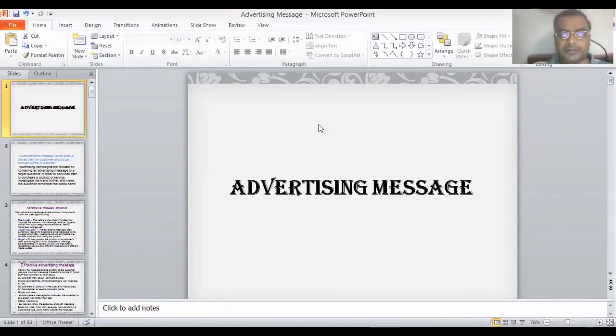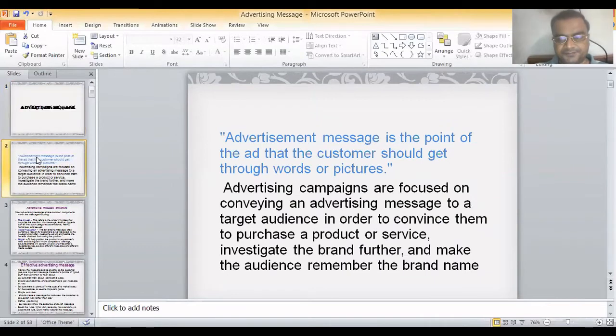So, to start with, what do we understand by advertising message? Advertising message is nothing but the point that the advertiser is trying to convey to the customer through words or pictures.